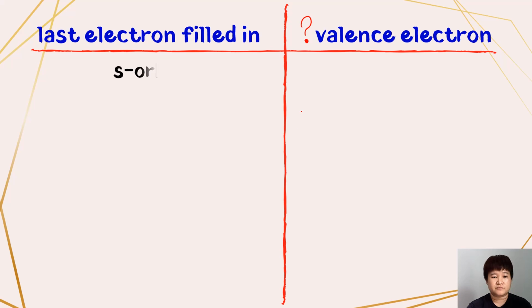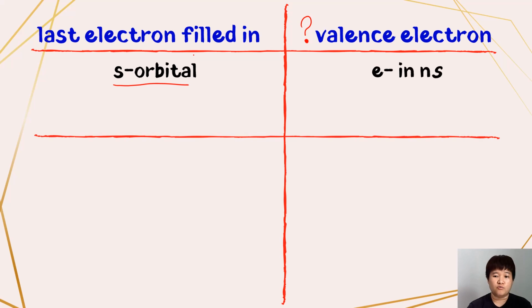Very simple. If I have a set of SPDF notation, and the last electron goes into the s orbital, the valence electrons will be the total electrons in the s orbital. For example, I have sodium 11. Sodium's electronic configuration will be 1s2, 2s2, 2p6, 3s1.